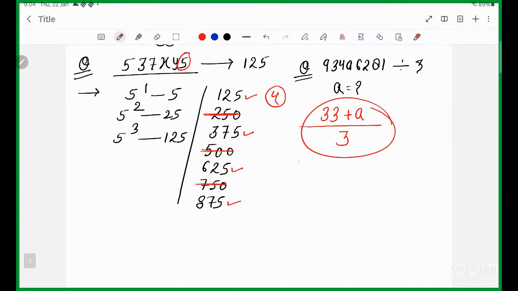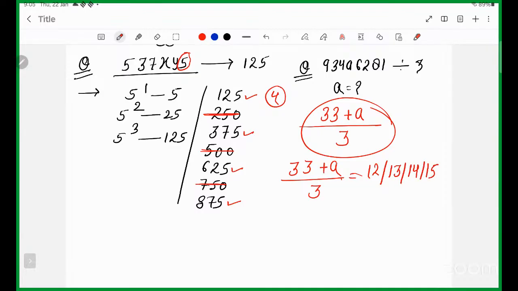So what can be the numbers if I divide it by 3? After dividing, it can be either 12, 13, 14, or 15.